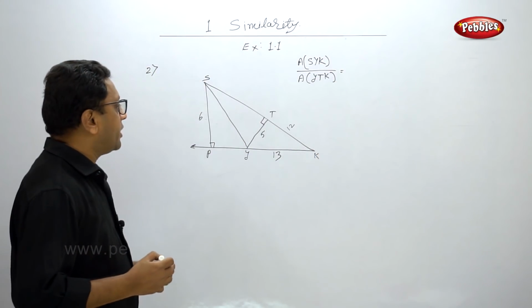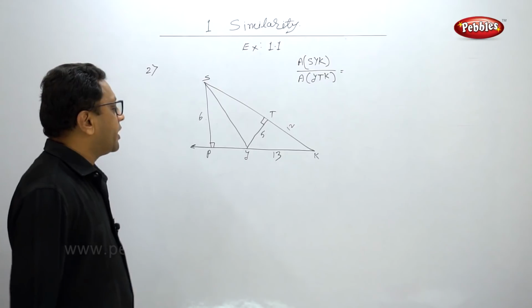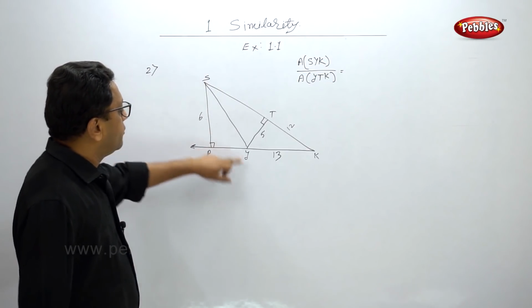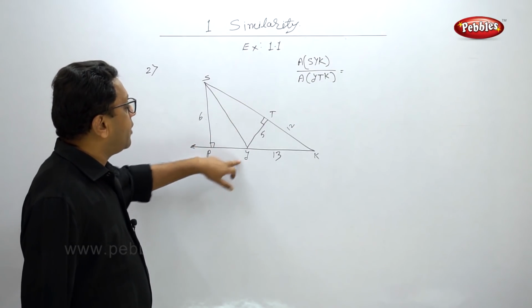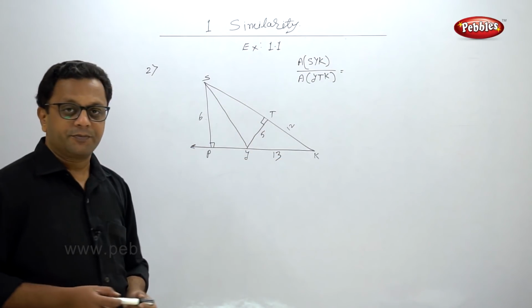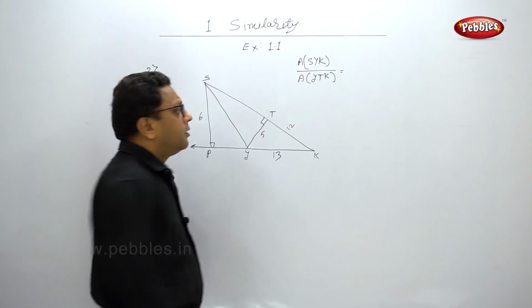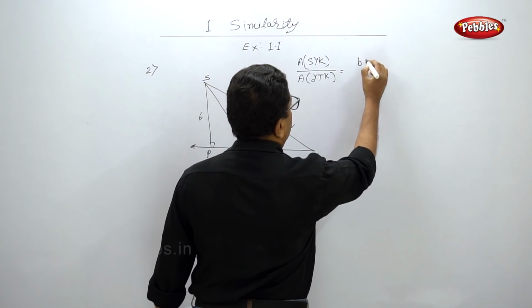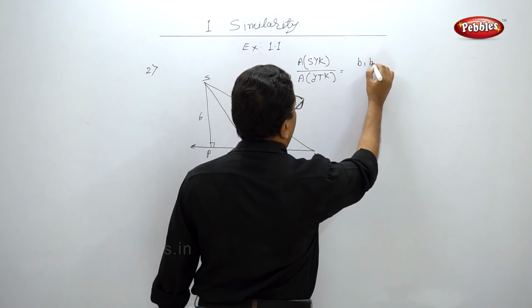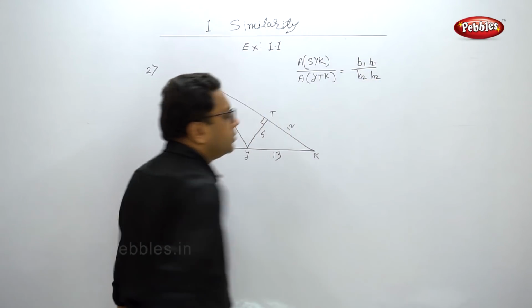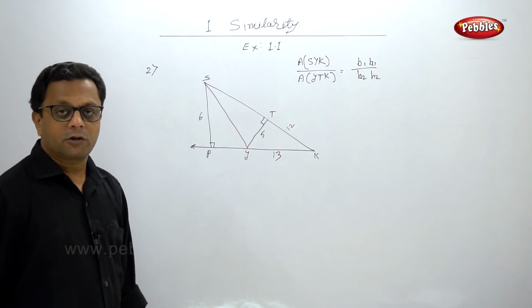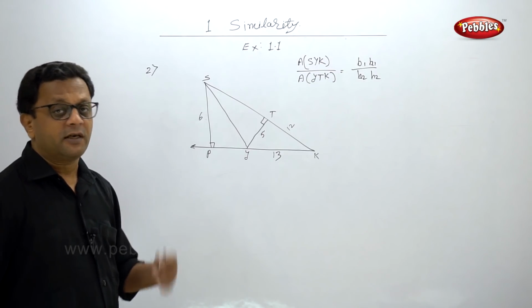Now here we have to find the ratio of the area of triangle SYK, that is S, Y and K. This is one triangle, and YTK is another triangle. So we know that this ratio is equal to B1 upon H1 and B2 upon H2, the ratio of their base and height.